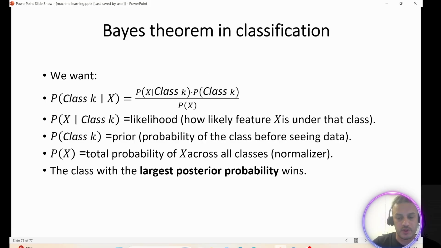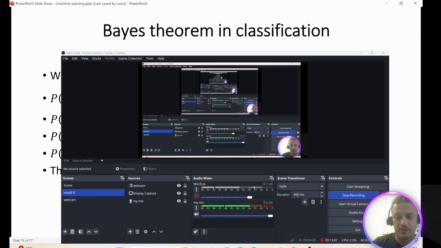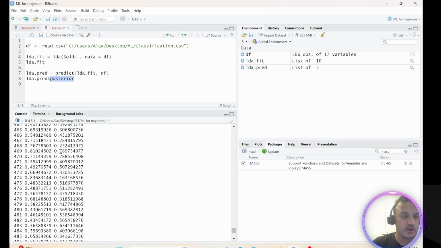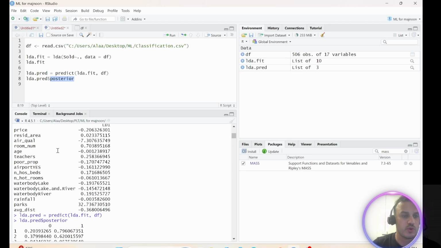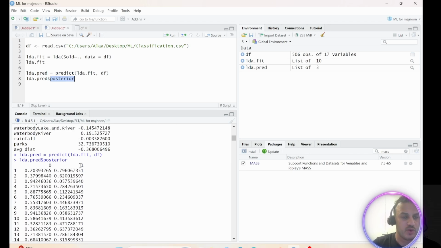The posterior will tell you, if you go back, we have two groups, 1 and 0. So this is a 79% chance this house is sold, and this one tells you it is 20% this house is not sold. So one is sold, and this one is not sold.